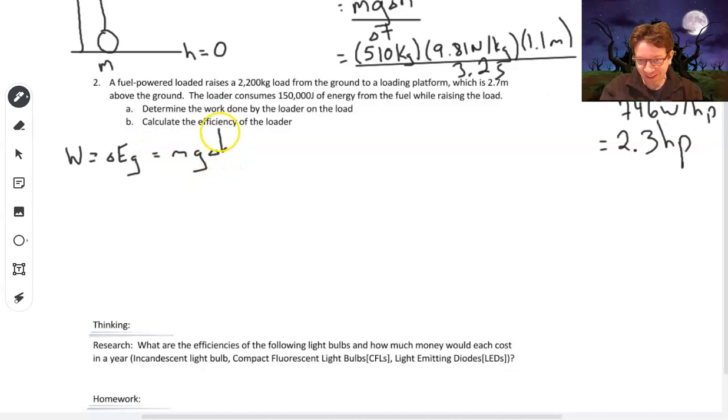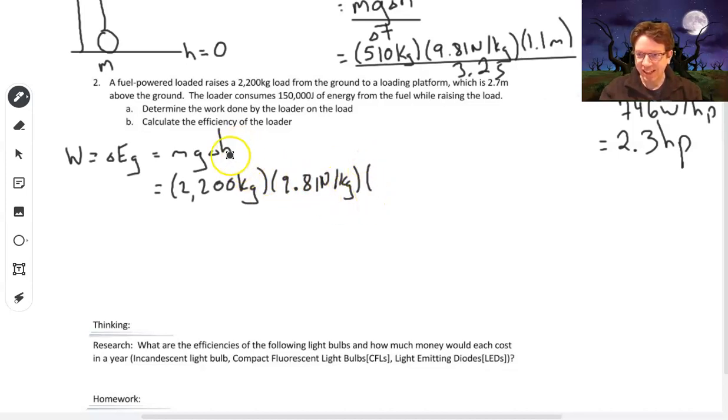So however you want to think about it, you end up with the same equation. So the mass of what we're loading is 2,200 kilograms multiplied by 9.81 newtons per kilogram times our change in height, which is said to be 2.7 meters.